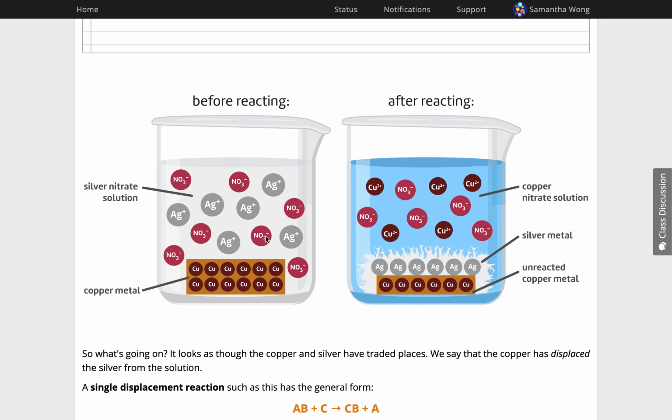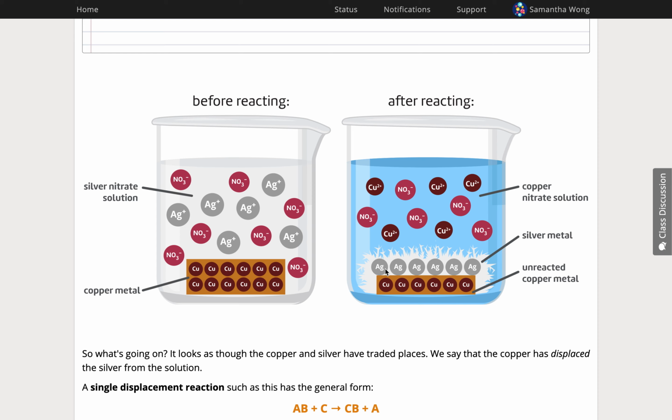So this is the solution before it reacts, up the top here. After a reaction occurs, your silver nitrate solution becomes a copper nitrate solution. As a result, we now have copper ions mixed with our nitrate ions in this solution. We are going to have some leftover copper metal that is unreacted, so it's just going to sit down the bottom, but now it's been coated in a silver coating.